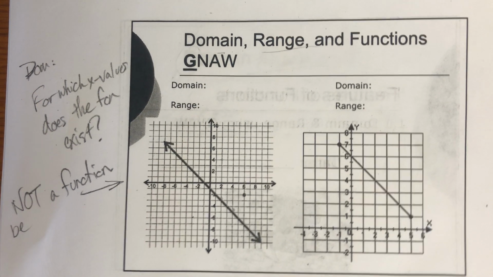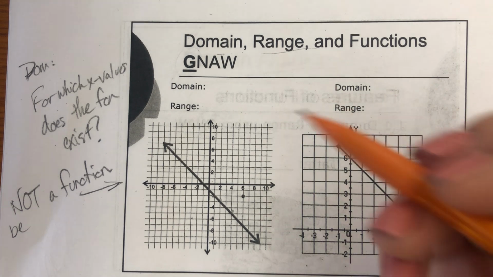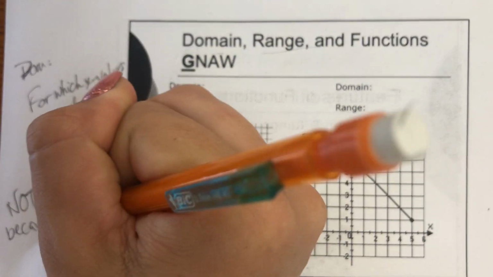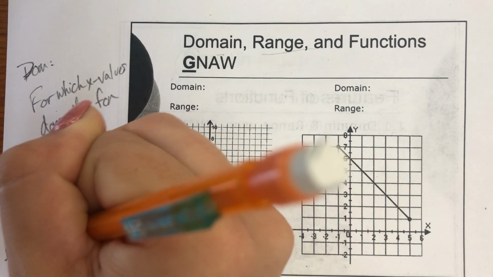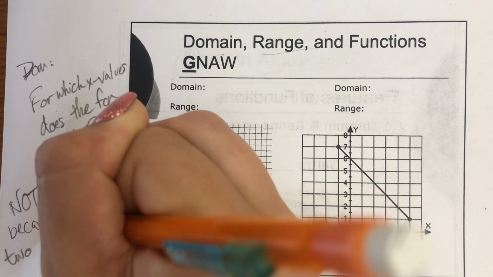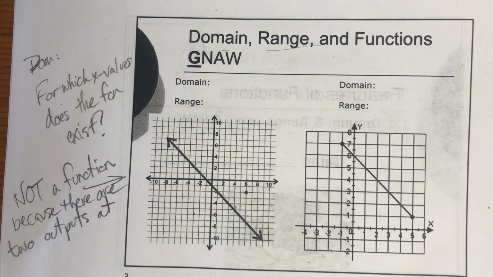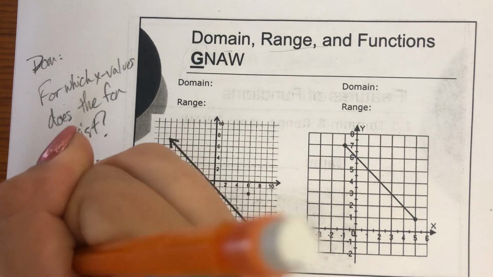When I ask you questions like this, say whether it's a function or not, I'm also going to say and why, or justify. So why is it not a function? Because there are 2 outputs at a certain input. I'm going to be specific here. The input is 6, at 6.